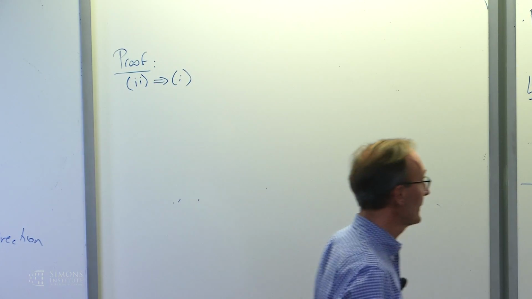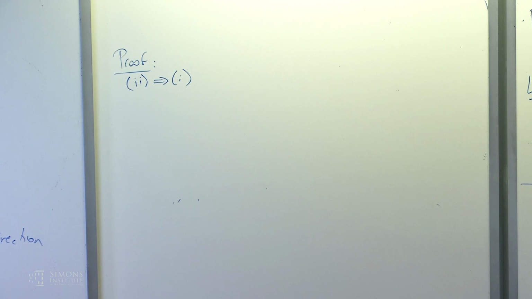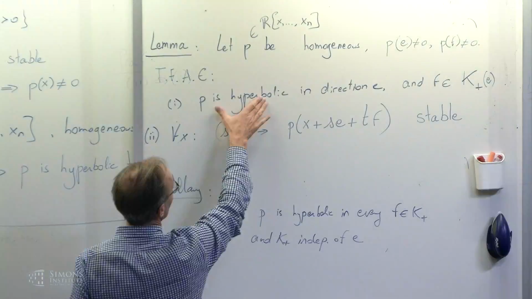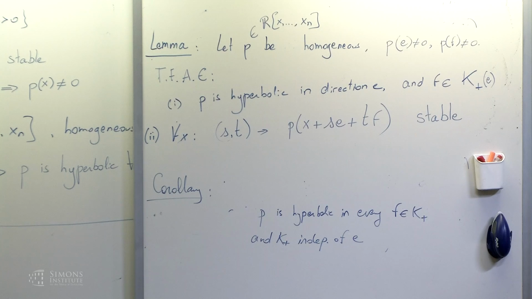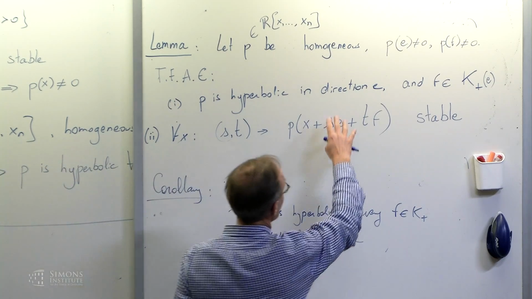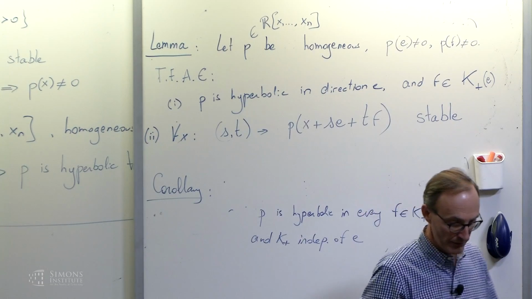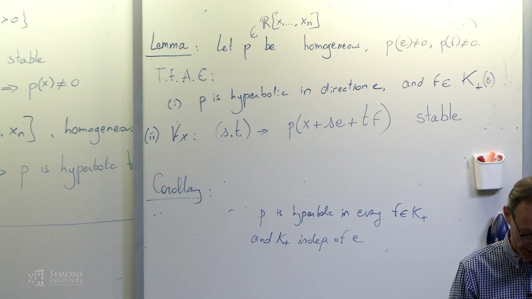I'm assuming that this bivariate polynomial is stable for every x, and I need to show that it's hyperbolic in direction E, and that f belongs to K plus.